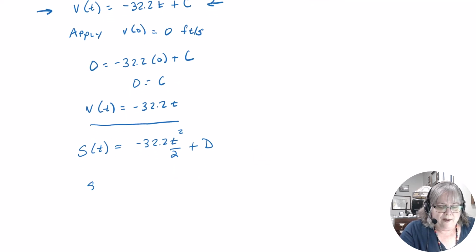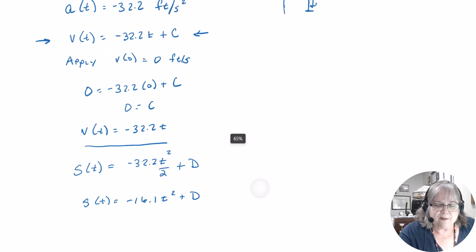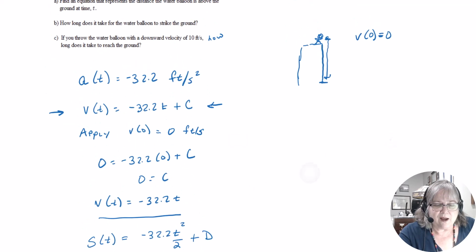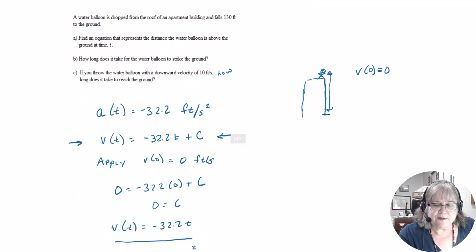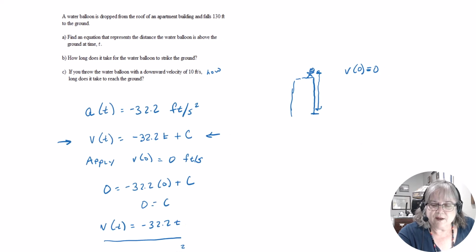So it would be really nice if we had some sort of information about the position. So do we have any information up here that talks about the position when we get started? Well, when we get started, the distance from here to here is 130 feet.